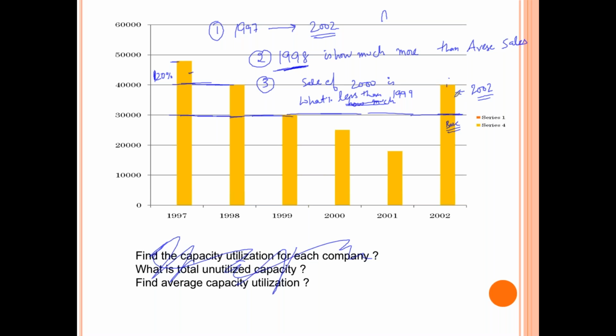So you see here we have 10,000 extra, 10 here extra, 18 here extra. So 10 plus 10 plus 18 is more than average. Here we are lacking around 10 plus 2, 12, and around 5,000 here. So 12 and 5.